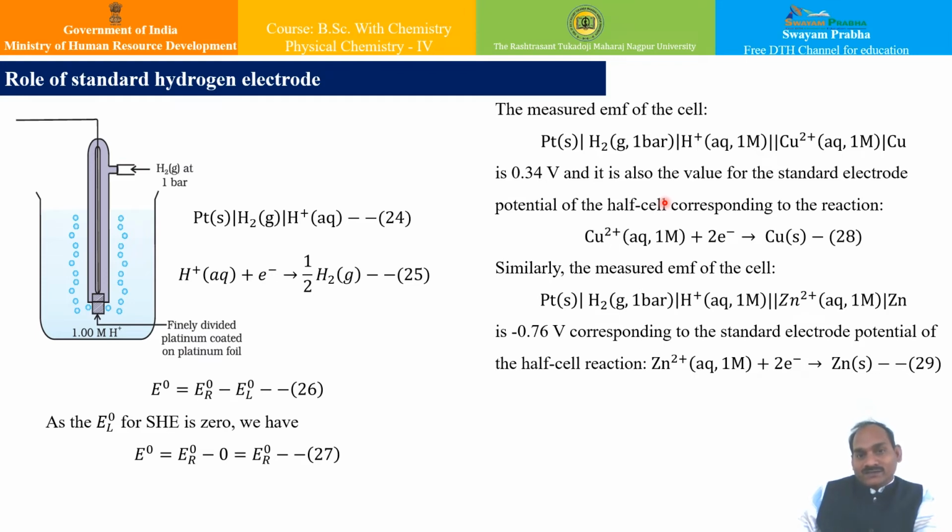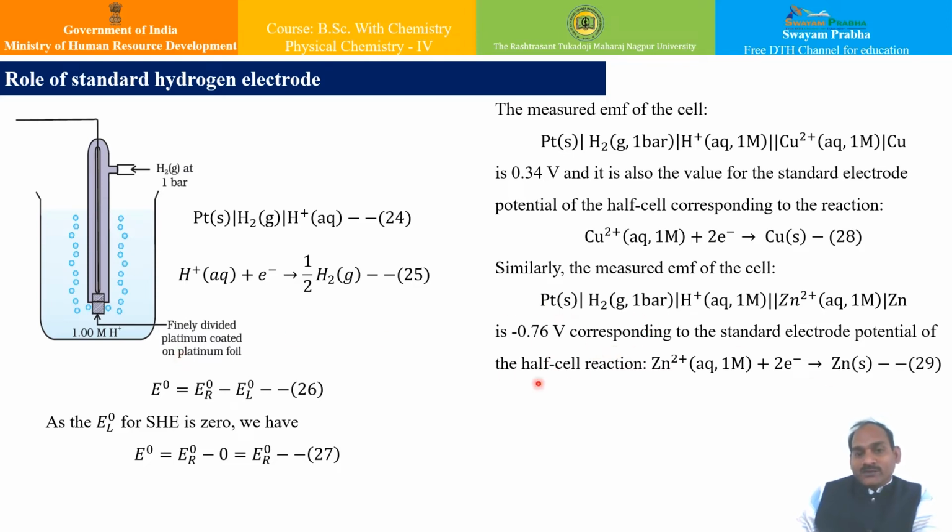And in this second case, the negative value of the standard electrode potential of the zinc electrode indicates that the hydrogen ion can oxidize zinc, or I can say that zinc can reduce hydrogen ion, isn't it? That is the indication we can get from this particular value.